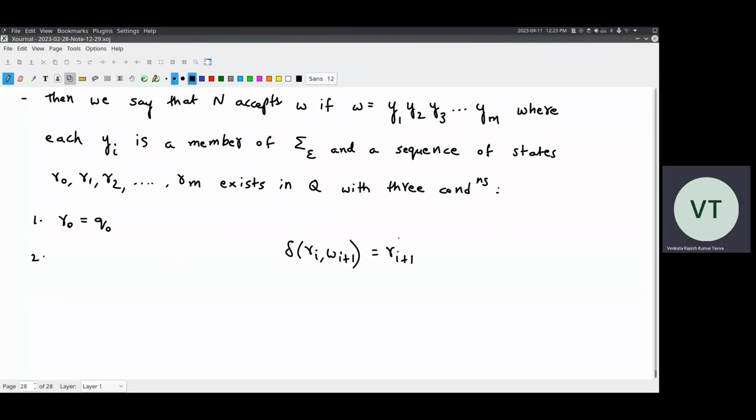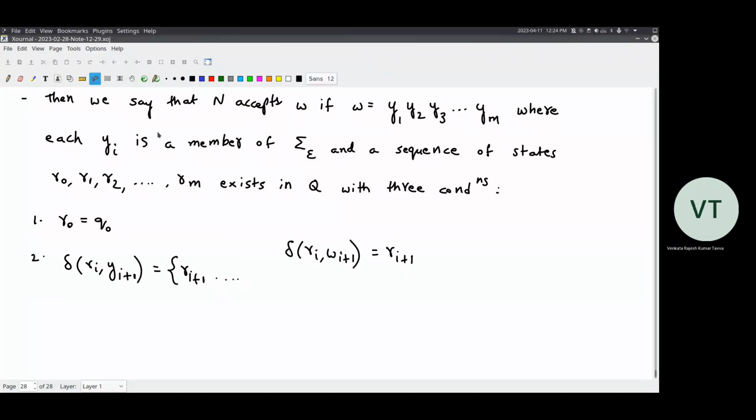This is fine because the output is one state. But here, the output is not one state. It can be more than one state, or no state, whatever it is. So I can't just write delta of Ri comma omega i plus 1 is Ri plus 1. Even if I have to write it in a state, I don't know how many other elements are there, right?